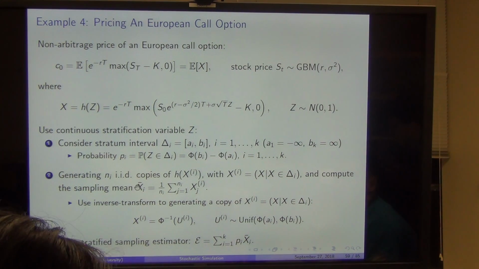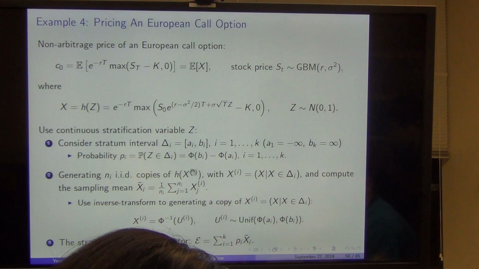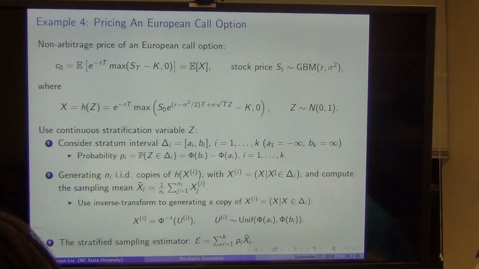So we generate n_i i.i.d. copies of X_i, and X_i has the conditional distribution. I think I made a mistake here: this is Z, because we're stratifying over Z, and this should be the estimation of X given that Z falls into the right interval. Then compute the sample mean by averaging those i.i.d. copies.